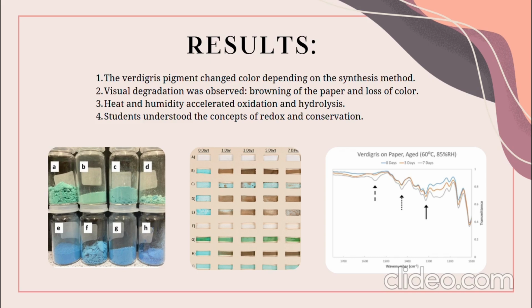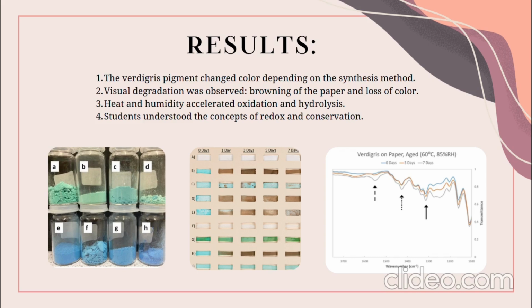Pigment color and appearance. The pigment ranged from light blue to emerald green, depending on the purity and the process. When mixed with gum arabic, the color in the sieve turned dark green. In some cases, the mixture changed to red due to the formation of copper(I) oxide, a byproduct of an organic redox reaction.